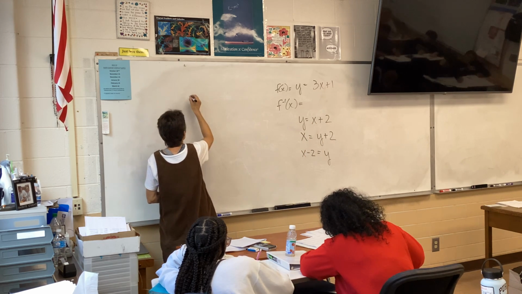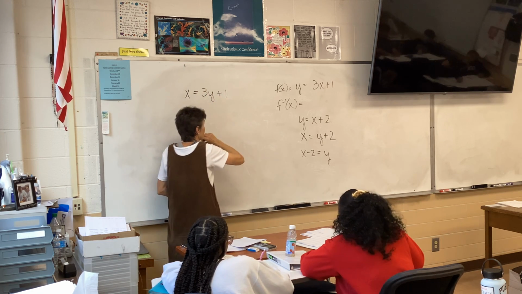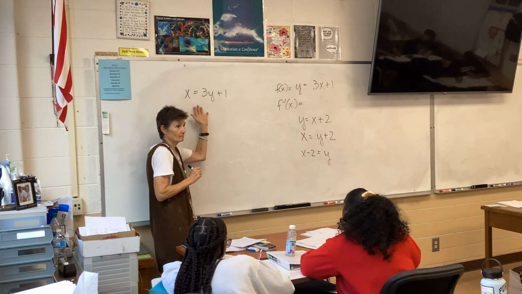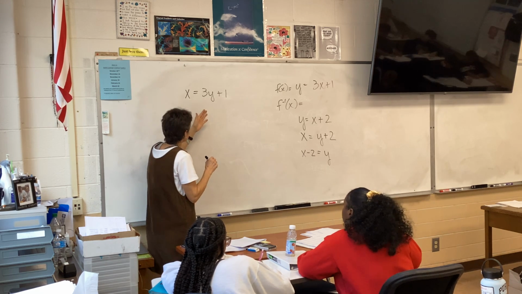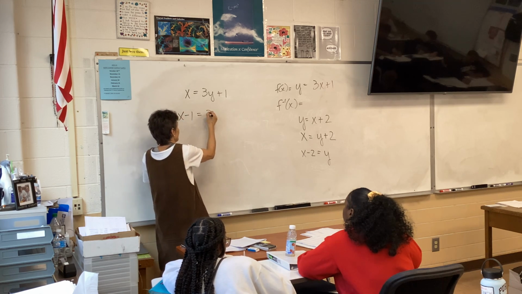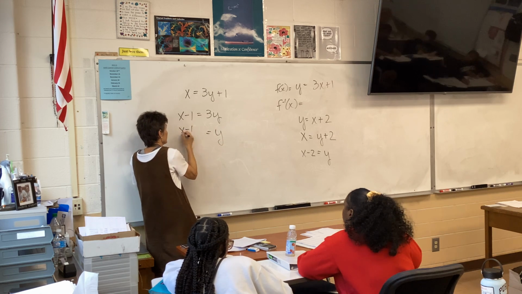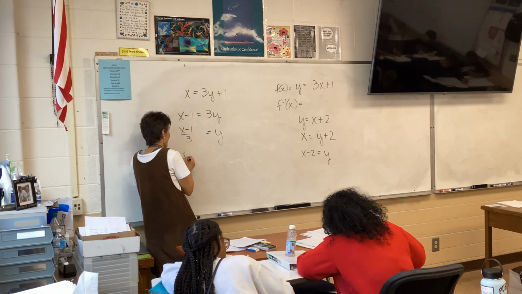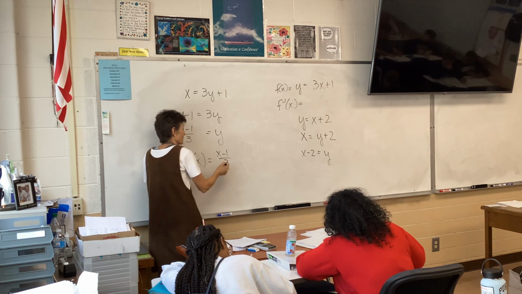So take your original and switch the variables. All right, see what I did? X becomes y, y becomes x. Now, start solving it for y. So we'll subtract 1 and divide by 3. So my inverse is x minus 1 over 3.